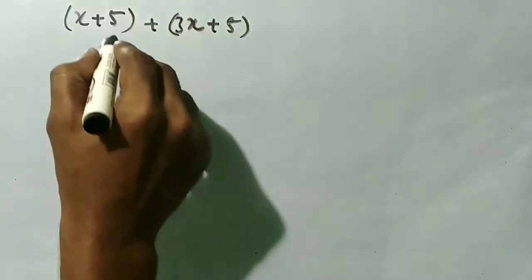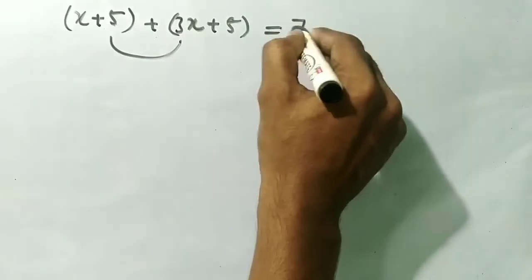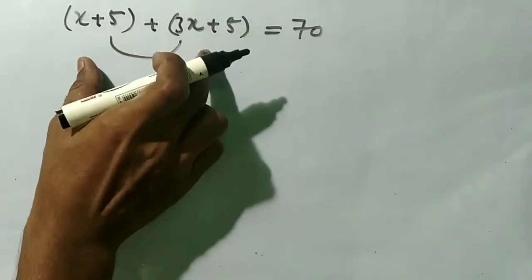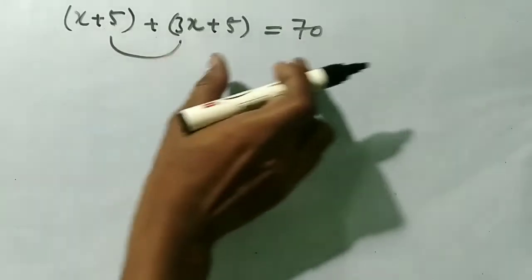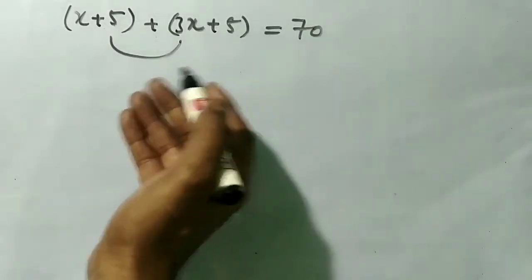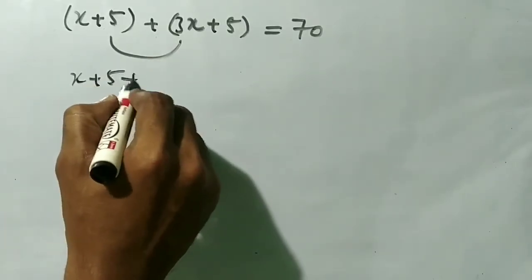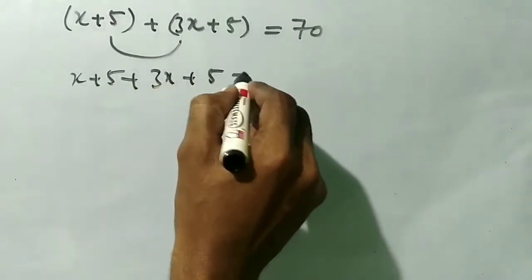The addition of these two is equal to 70. So we got an equation: x plus 5 plus 3x plus 5 is equal to 70.